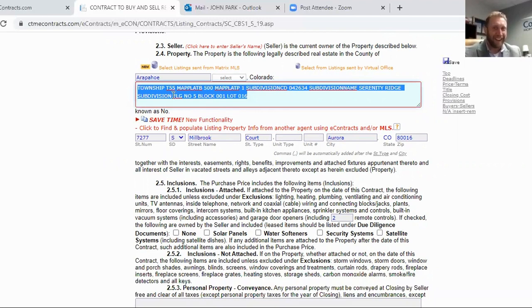However he got that info, he could have got it directly from the county assessor's data. He could have done a search from the title company. He could have gotten it many different places. So it's your job as a buyer's agent to verify this, correct? Correct. And that's why I coach my agents to go to Realist outside of the MLS to grab the legal description and copy it from that particular section.